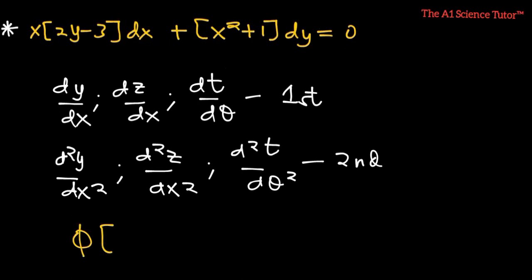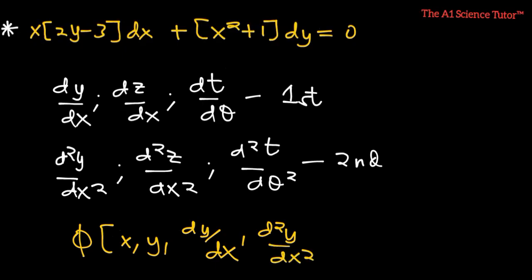You have phi of x, comma y, comma dy/dx. Now this is in a case where you have not actually differentiated, but in this case you have differentiated it in the first form or the first case. You could also differentiate it a second time, and that is going to give you d squared y/dx squared. You could also have it as d cubed y/dx cubed.